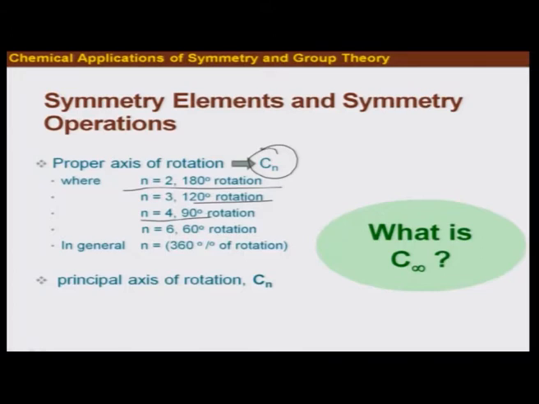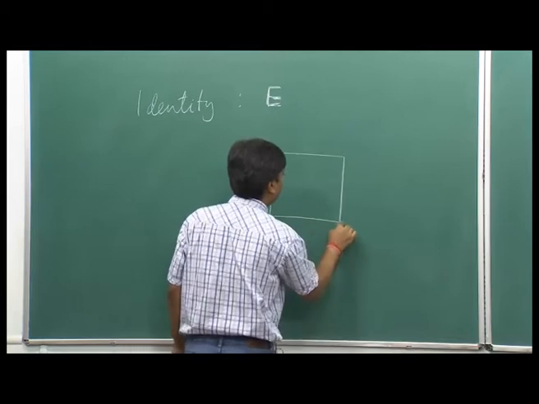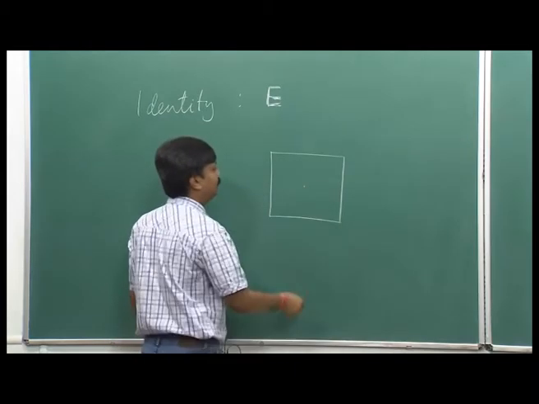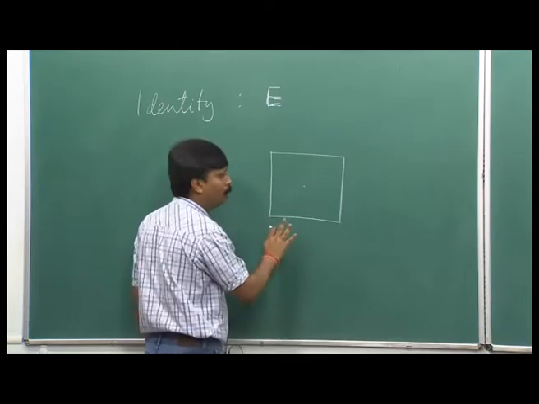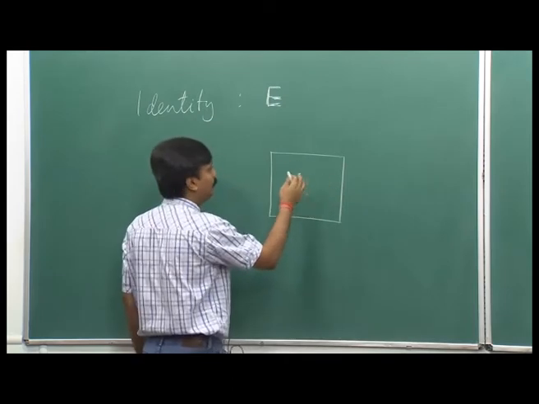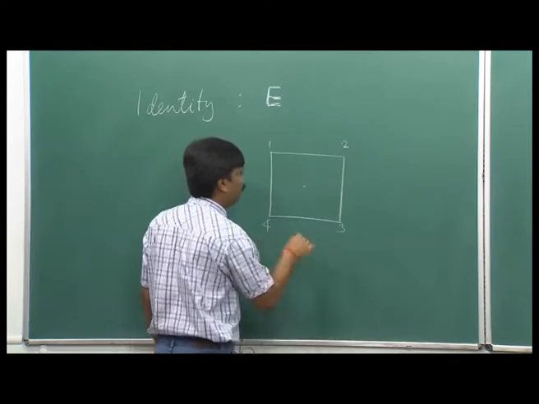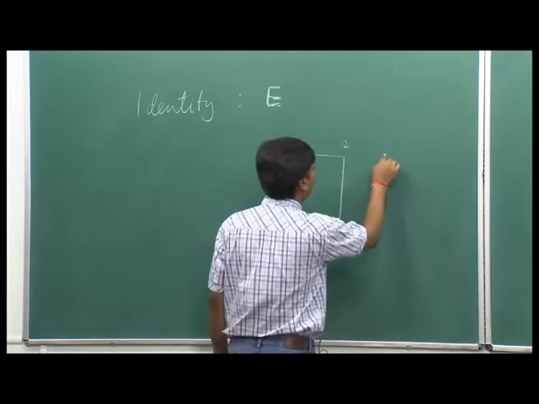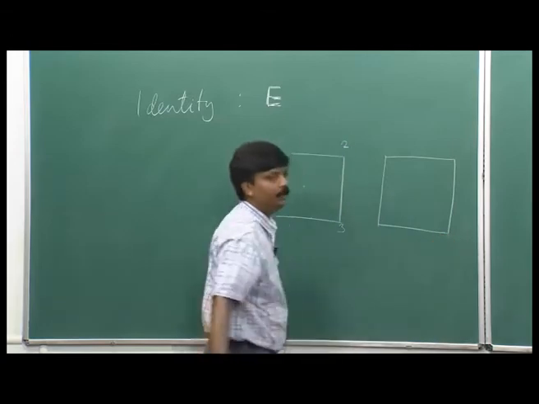So, you can easily figure out that if you have, say, an object like a perfect square, you can imagine an axis through this point, and this axis is perpendicular to the plane of the board, then for every 90 degree rotation you get an indistinguishable structure. If I mark 1, 2, 3, 4, you have already seen it for the triangular case, you have another square, because a square is not going to be changed to a triangle, right?